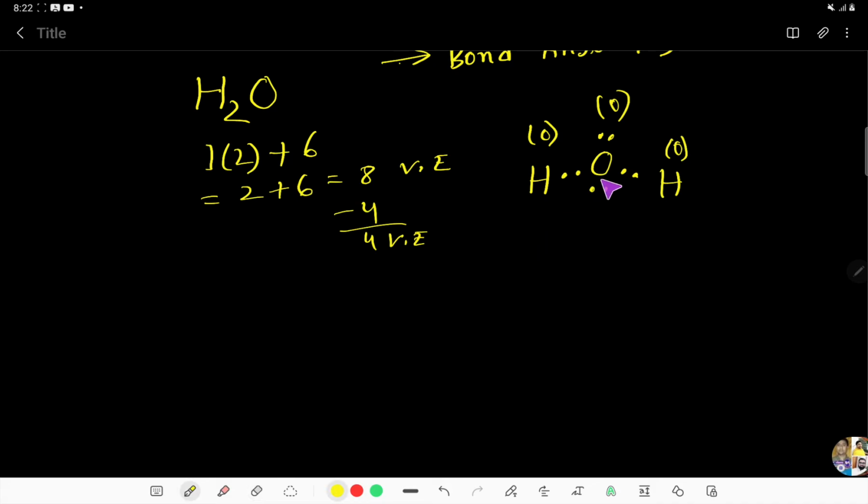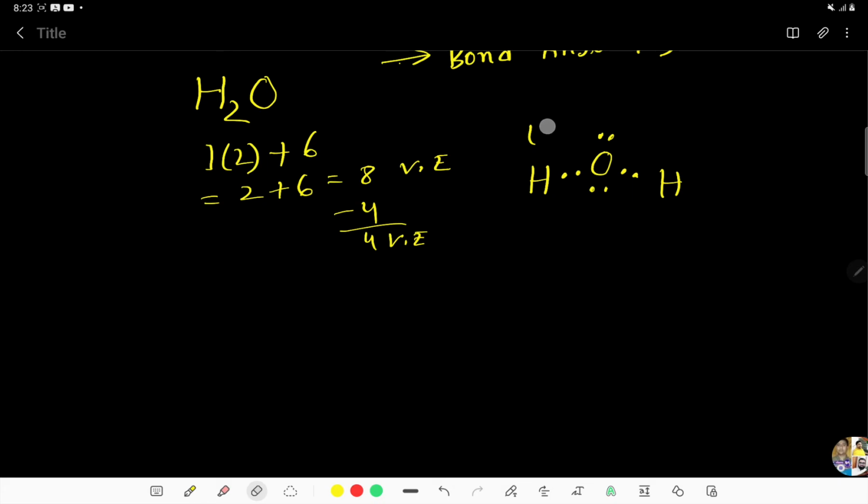For oxygen, in a neutral oxygen we have 6 valence electrons, minus the electrons assigned here. We count the lone pairs totally, so 4, and then we take half of bonding, so we consider 1 from here and 1 from here: 4, 5, 6, right? So 0. For hydrogen, in a neutral hydrogen atom we have 1, and here we have assigned 1, so 0. This is the easy trick to find the formal charge, right?